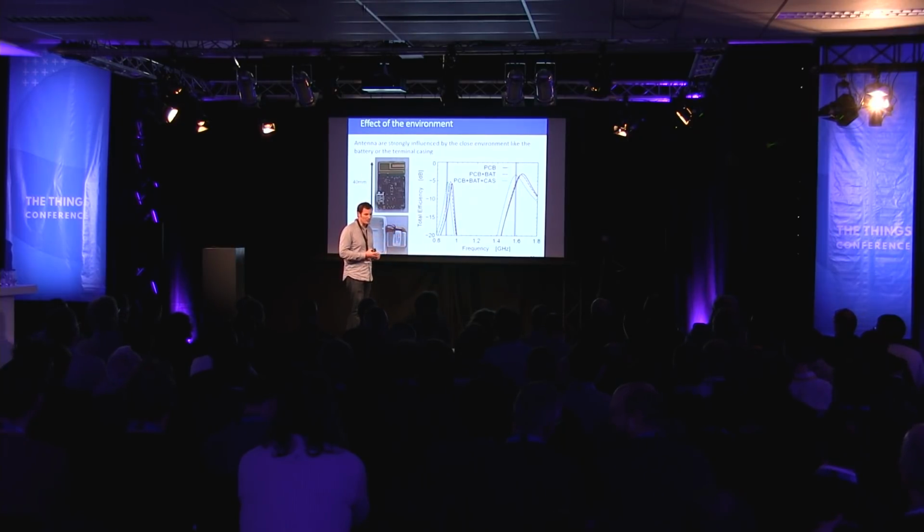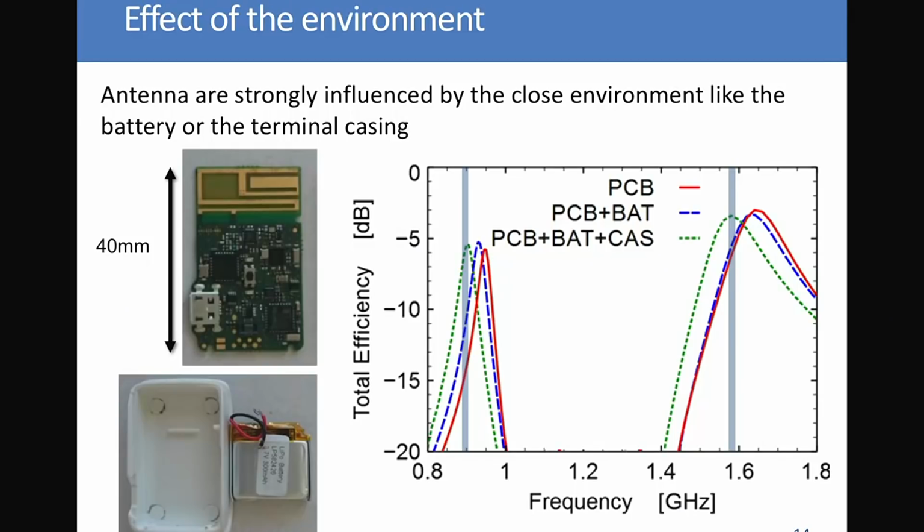Effect of environment. Antennas are strongly influenced by the close environment, as I already told you. When you are designing your system, you have to take into account all the components around the antenna. For example, the battery or the terminal casing are very important. For the same antenna, the red curve is the PCB with nothing else. If I add the battery, you have the blue curve, and you see that we shift the resonance frequency.